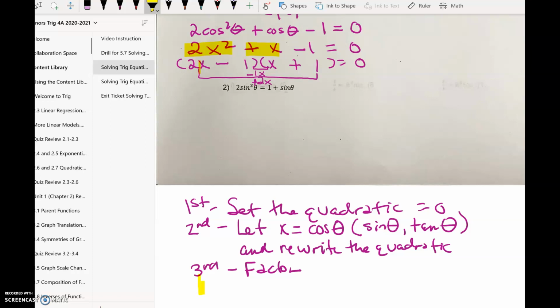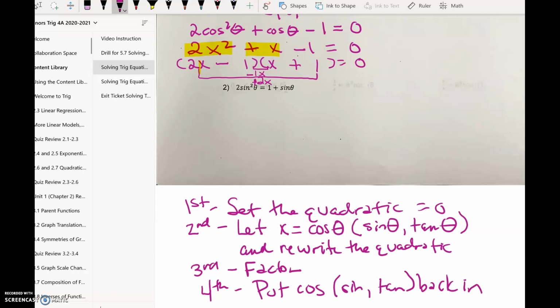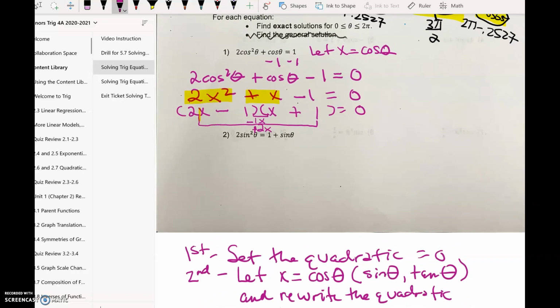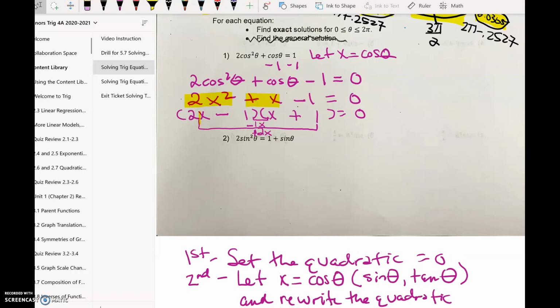All right, our fourth step is going to be to put cosine or sine or tangent back in. Now, don't put back in the wrong one. If it's a cosine problem and you accidentally put sine back in, all your answers will be wrong.